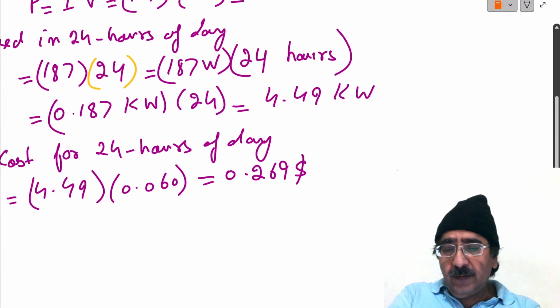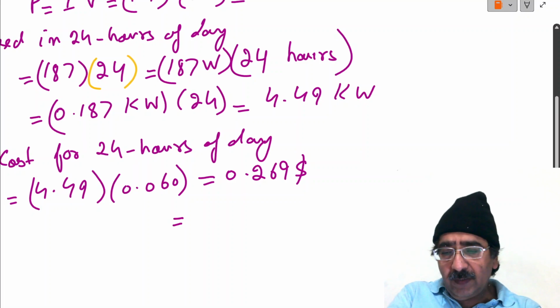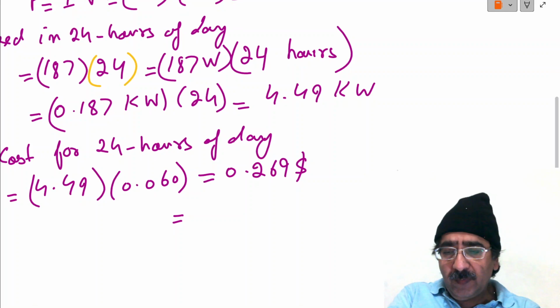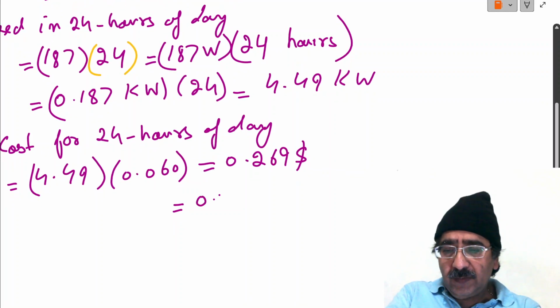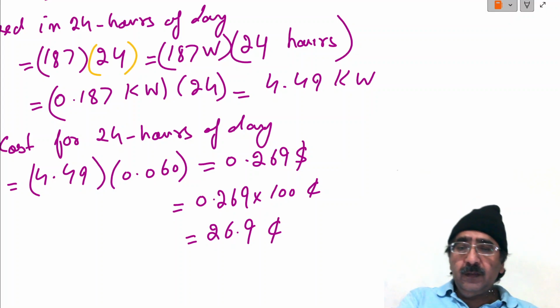But this is in dollars, and if the answer is needed in the form of cents, because it is in point form, we multiply 0.269 with 100 cent, so that will become 26.9 cents. Okay.